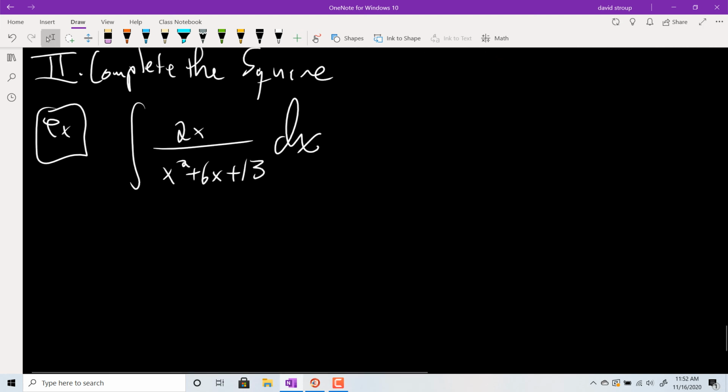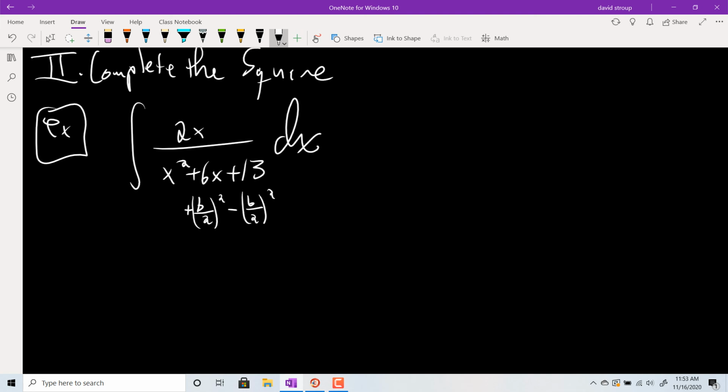And you really can't do a u sub here, so you're kind of stuck, but you can complete the square. Just remember, when you complete the square, you have to add in this b, as in beta, all over 2 squared, and then immediately subtract it. Beta all over 2 squared.